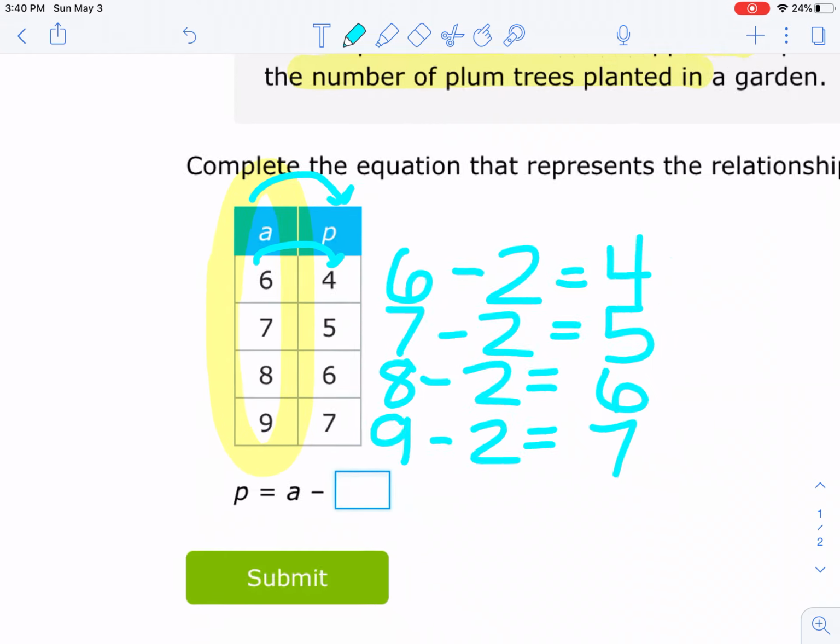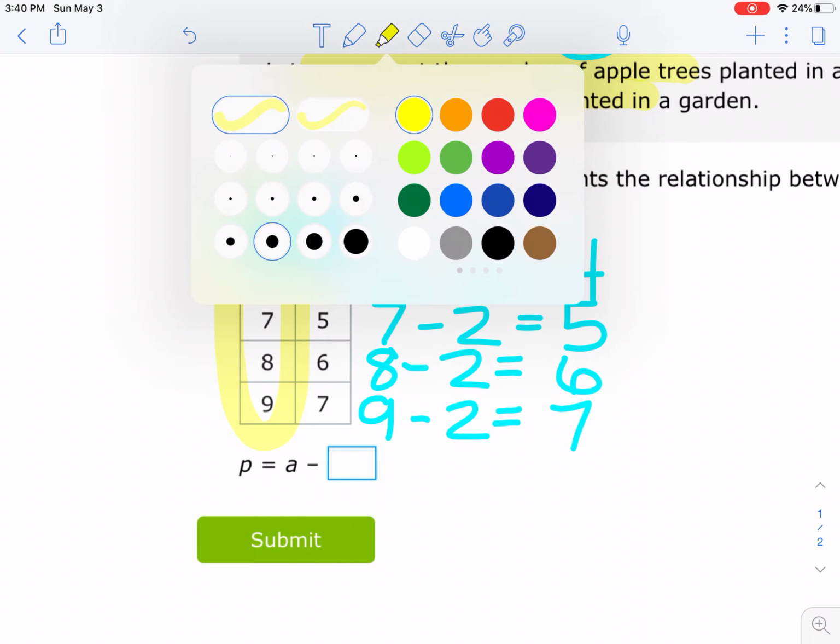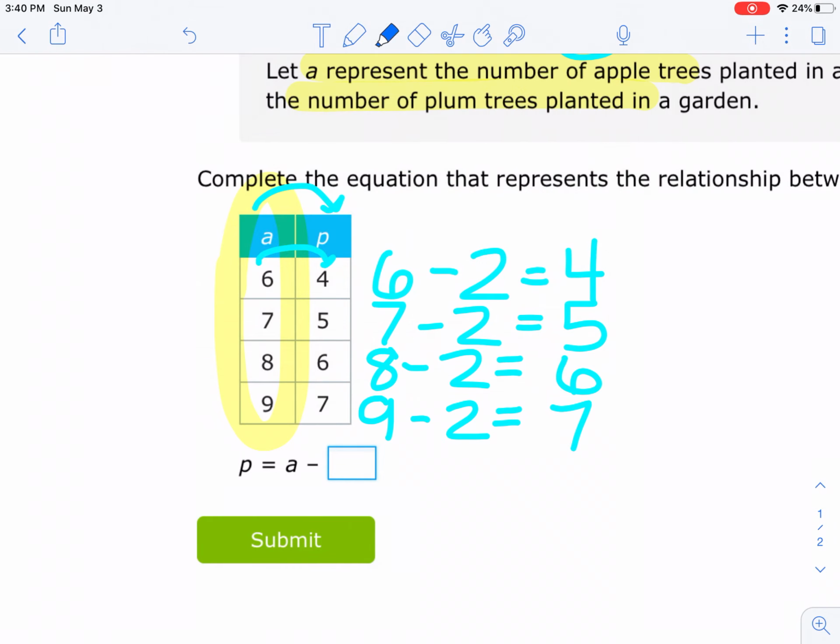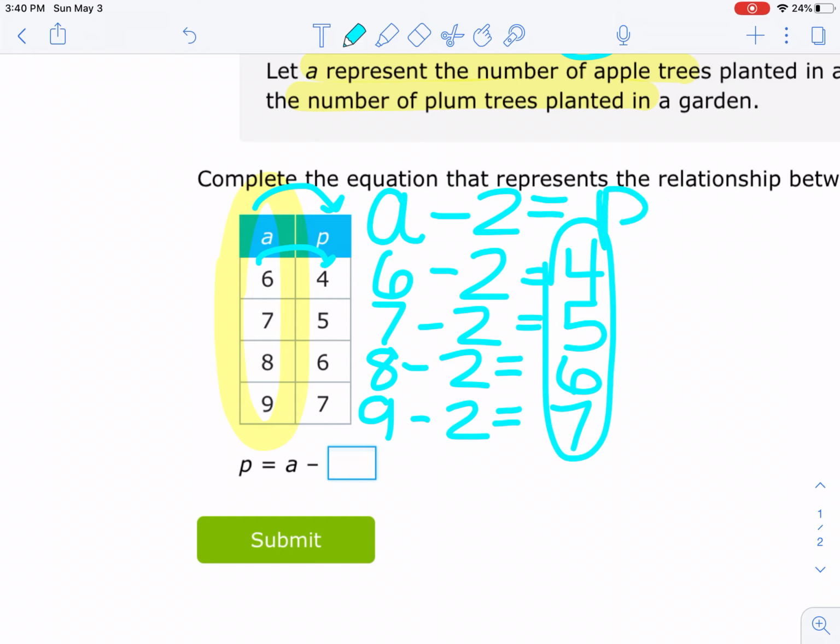So I know in my equation, if I didn't really want to say, okay, 6, 7, 8, and 9, I'm calling it A. These now represent A minus 2 equals, well, these numbers right here all represented P. So there's my equation. Now they have it starting with P equals A minus, well, I know that number is going to be 2.